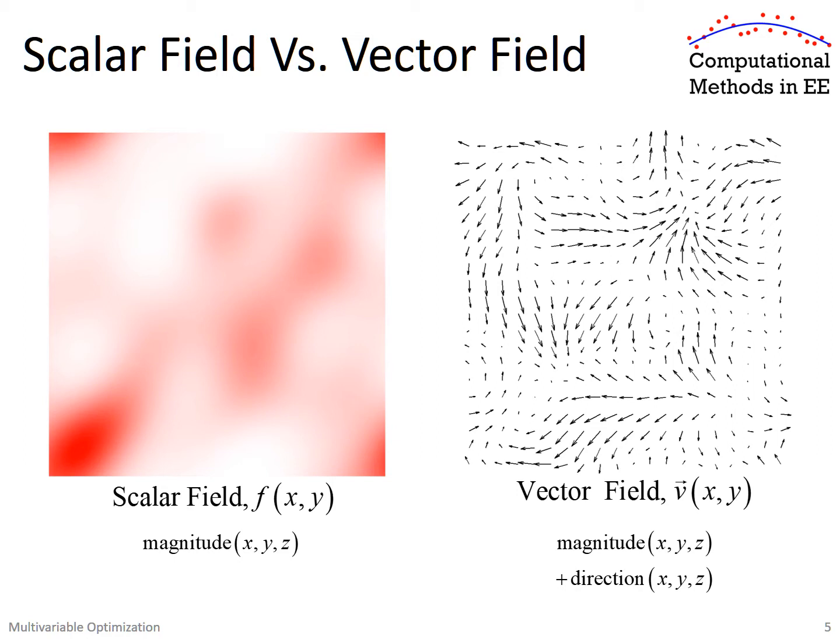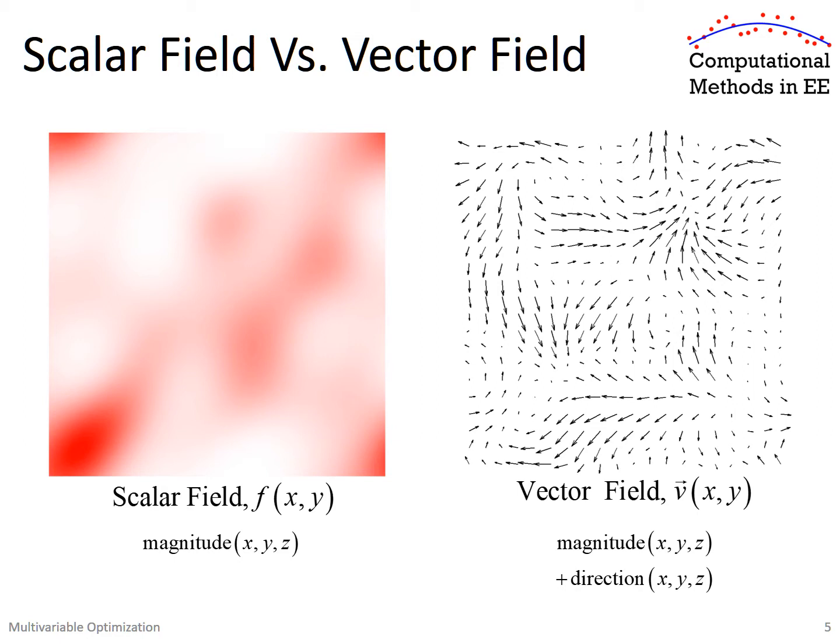That's not a vector phenomenon, it's just the density of the water droplets as a function of position around a cloud. Now that's different than a vector field. Field again means it's a function of multiple variables usually, but at each point there are 2 pieces of information now. It has what the scalar field had, which will be the magnitude of a vector, but there's also a direction. Back to the cloud example, maybe rather than the density, we're looking at the velocity of the water droplets inside the cloud.